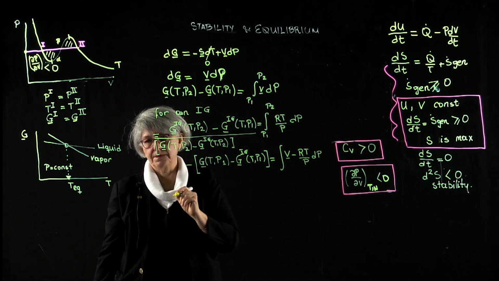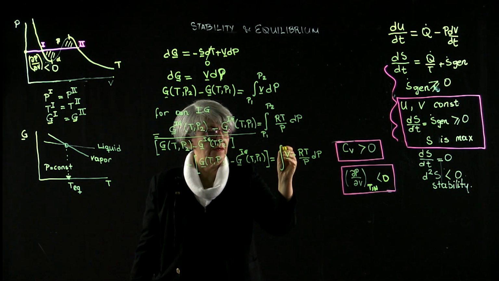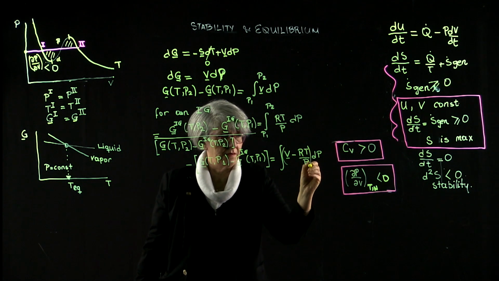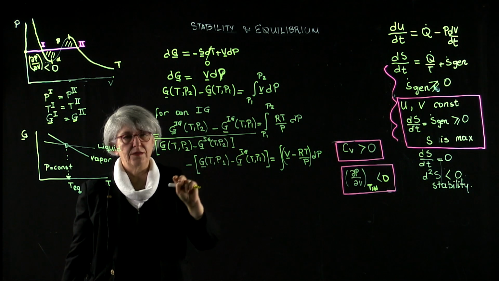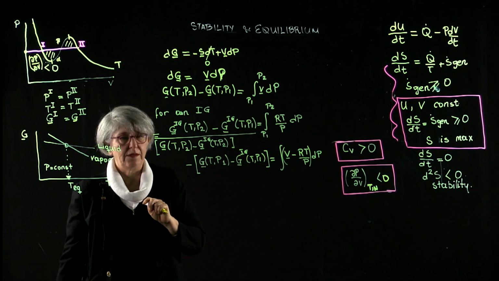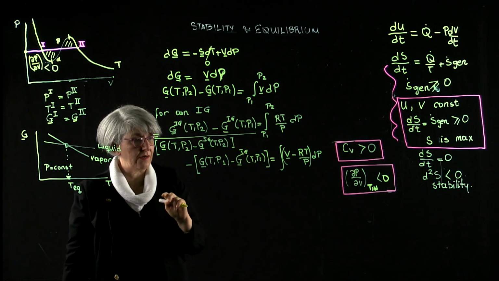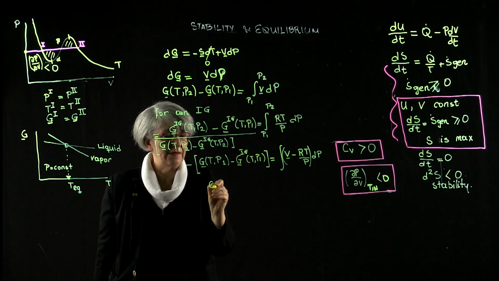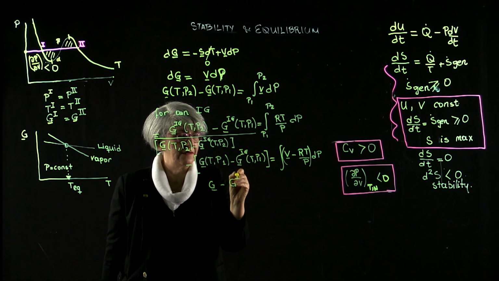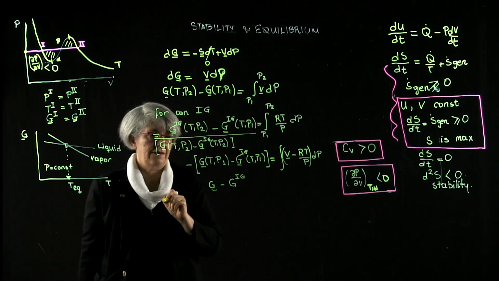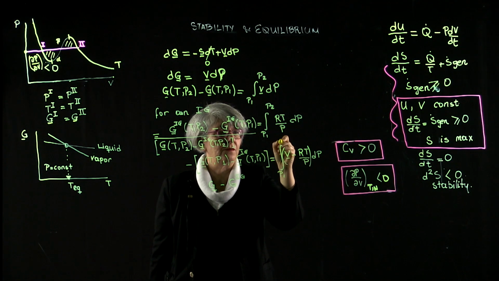All right? When I generalize this expression for the difference of the Gibbs free energy between a real fluid and its ideal counterpart, I can write this as G minus G ideal gas, right? The limits of this one are from P1 to P2.